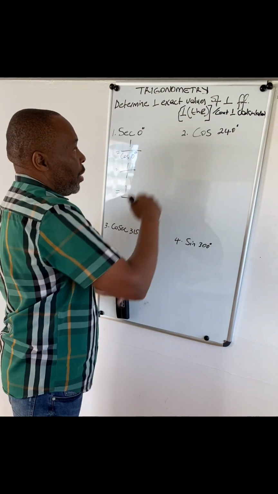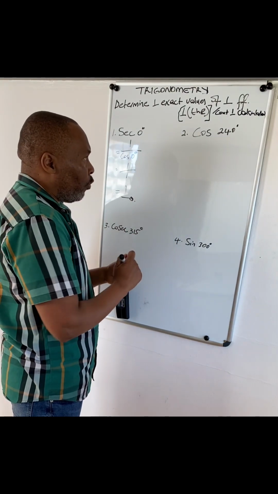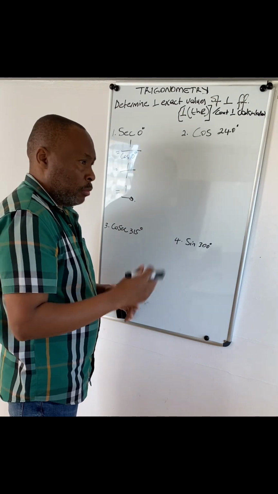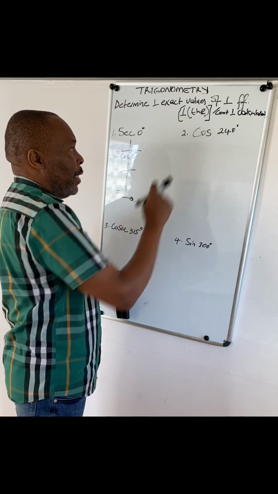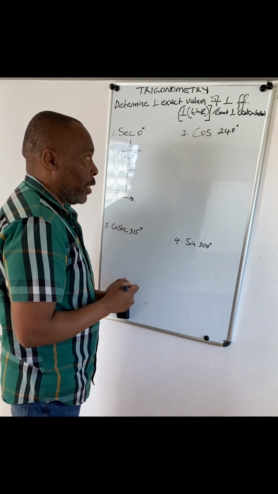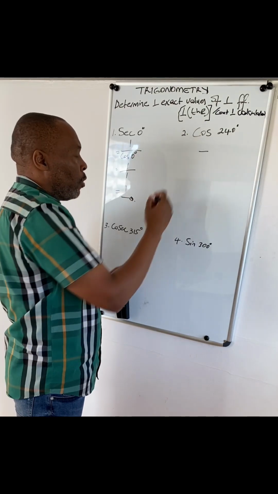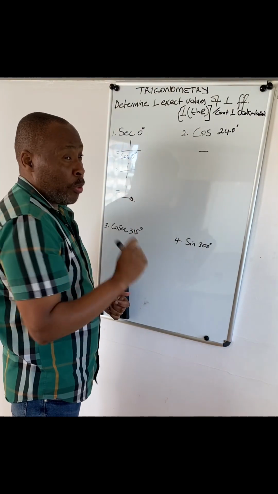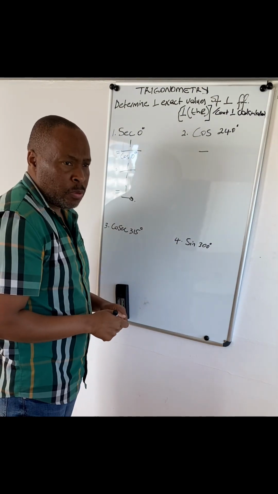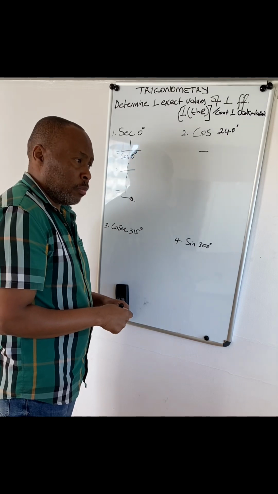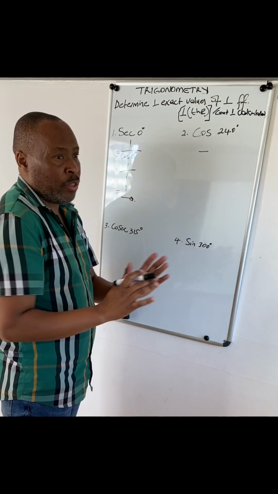Number 2, we come to cos 240. Cos of 240 is in the third quadrant. It's 180 to 270, so 240 is in the third quadrant. Therefore, we already know that cos in the third quadrant is negative, because cos is positive in the fourth and first quadrants. So at 240, we're looking for the x value, not the y value.